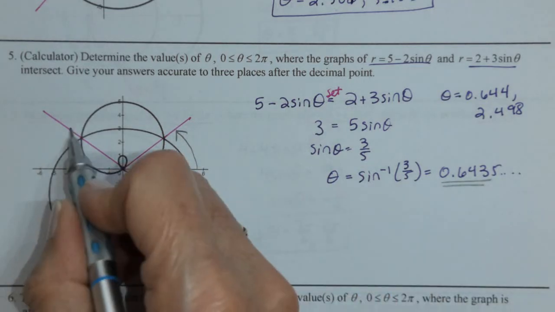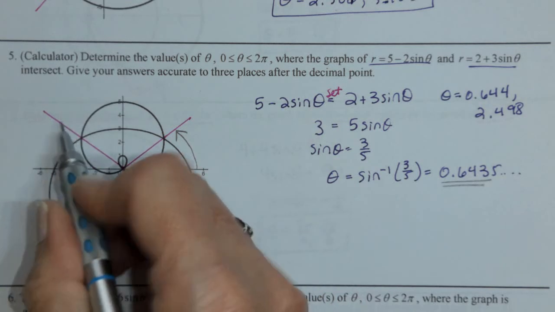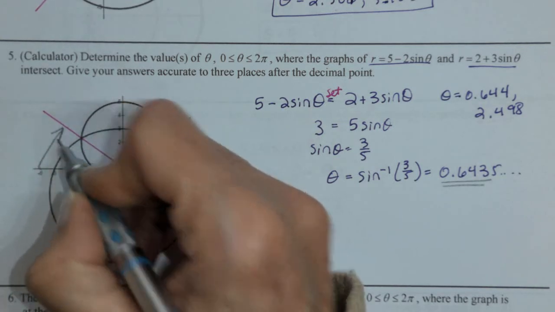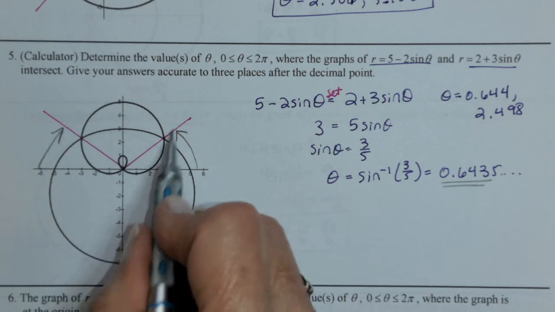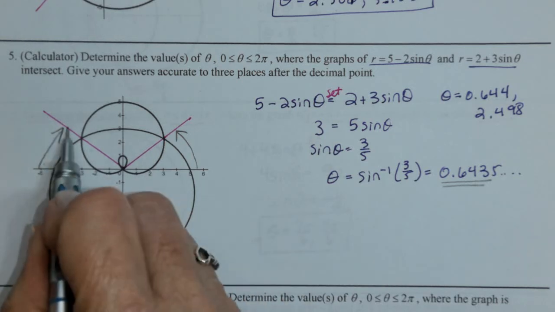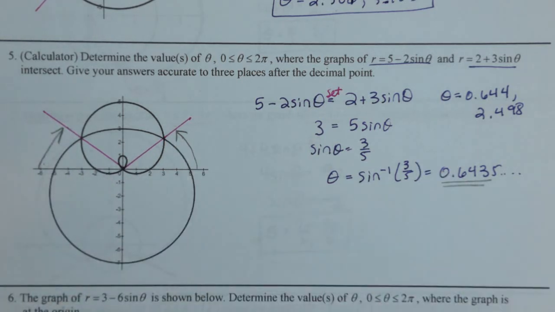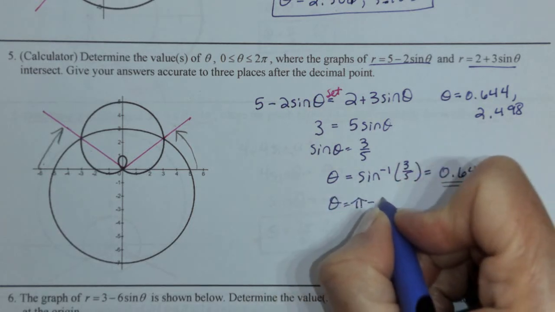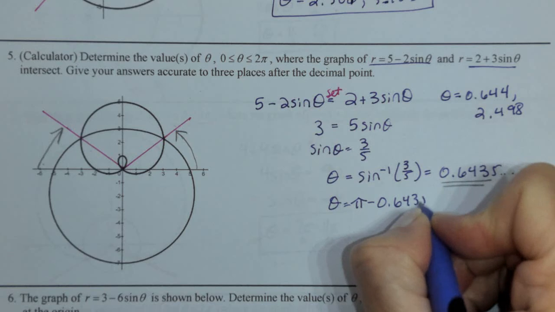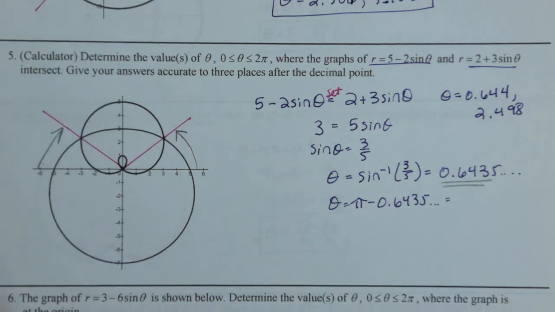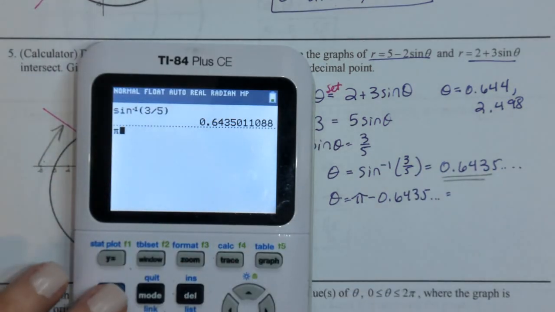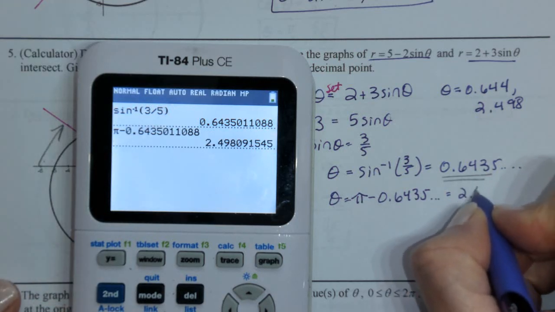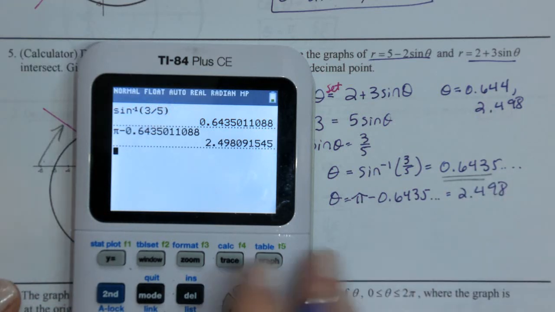So we found this one, we found that one. How are we going to get this one? Well, use your symmetry. This was pi minus that number. So I can take pi minus that, so pi minus that number is that 2.498 number.